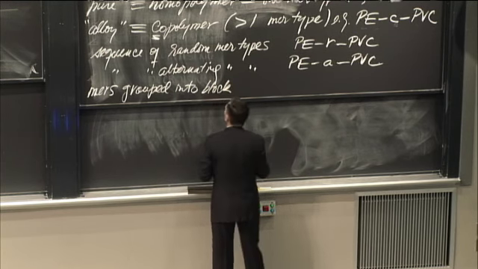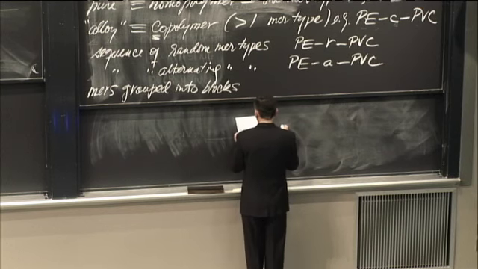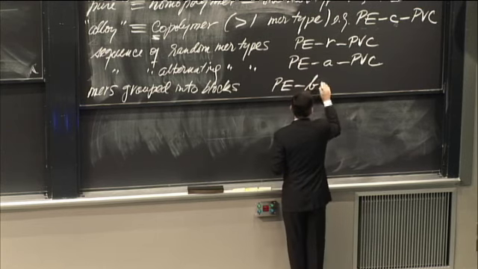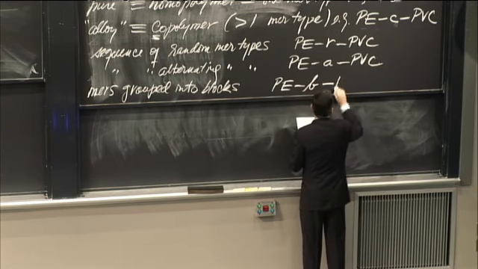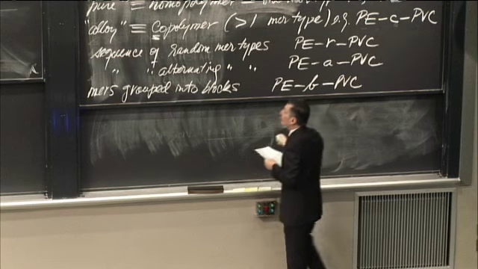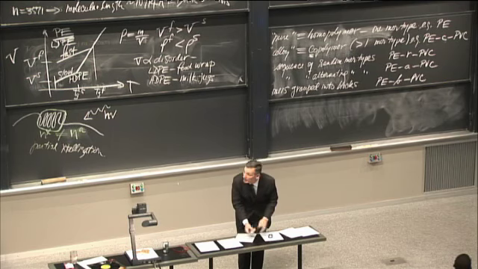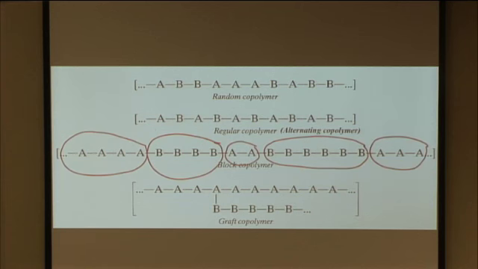They're grouped into blocks. So in that case, we have the block copolymer, lowercase b, and then PVC. And what you see there is a run of, so all of the A's are grouped, and then we have all of the B's.